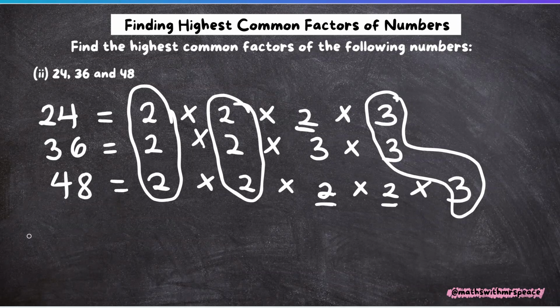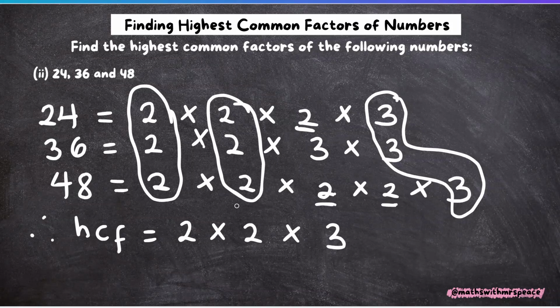Therefore, our HCF will be equal to 2 times 2 times 3, because we have 2 here, another 2 here, and a 3 that we put together, which means our HCF will be 2 times 2 is 4, and 4 times 3 is 12. So the highest common factor of 24, 36, and 48 is 12.